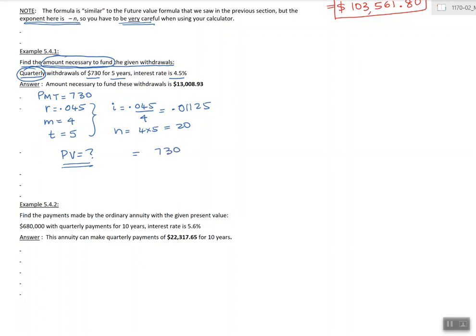We get 730 times 1 minus 1 plus 0.01125 raised to the power negative 20 over 0.01125.